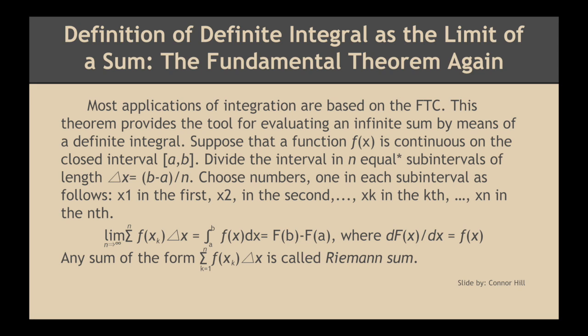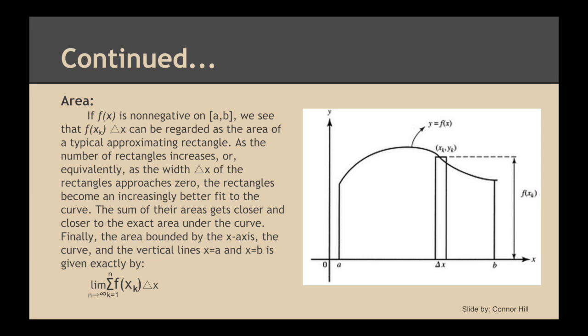So the sum of f of x sub k times delta x is called a Riemann sum. For finding the area under the curve, if f of x is non-negative on a to b, we see that f of x sub k times delta x sub k can be regarded as the area of a typical approximating rectangle.